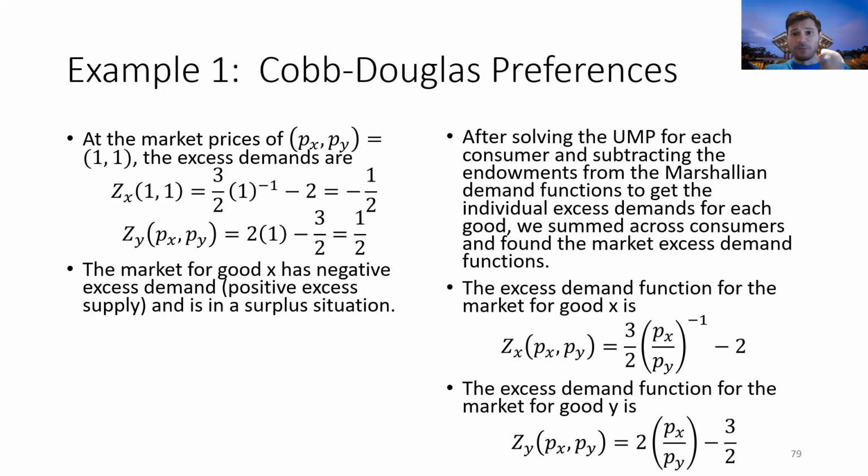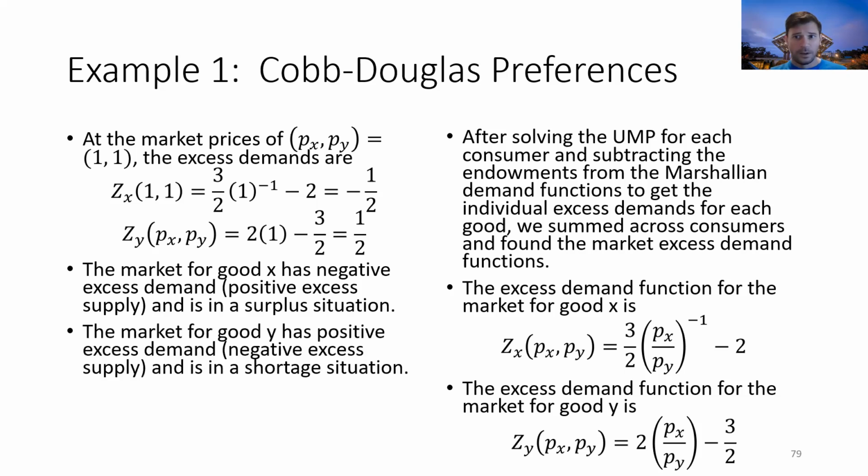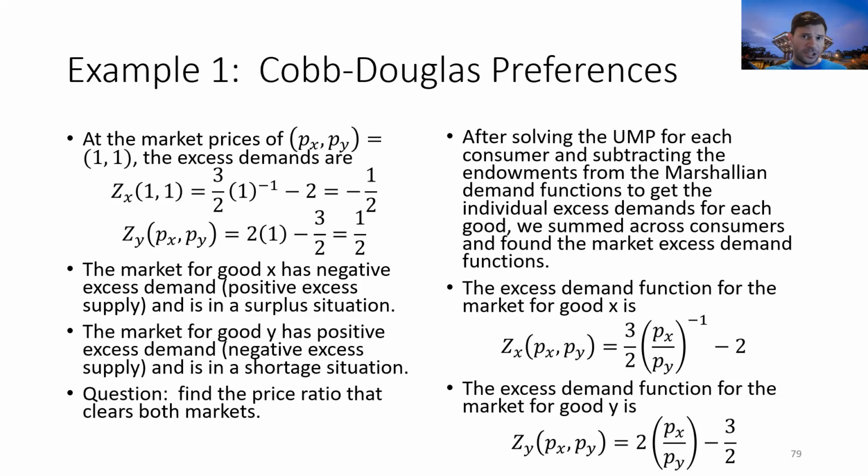Now, if we wanted to find the equilibrium price, I'm going to suggest that we can use Walras' law here to our advantage. Which excess demand function do we need to set equal to 0? The answer is what? Yeah, any one of them will work.